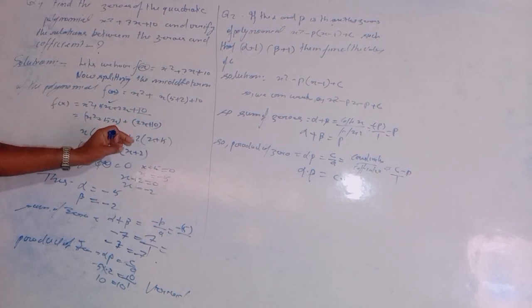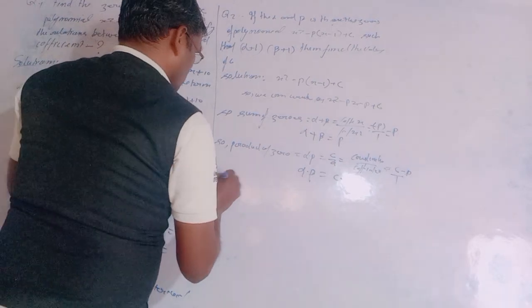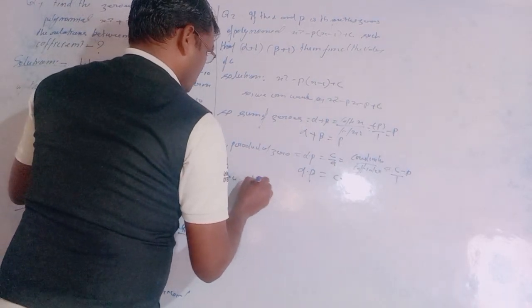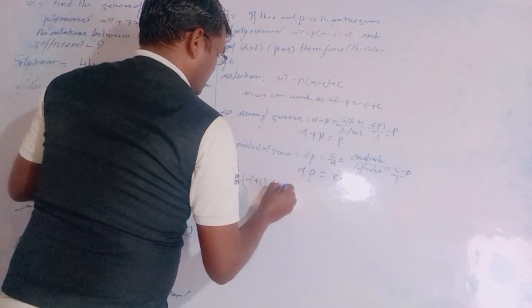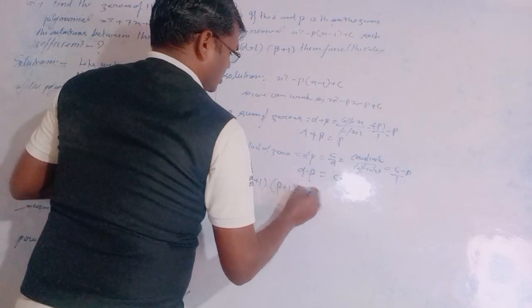So alpha plus 1 and beta plus 1 is given. It's given that the product of alpha plus 1 and beta plus 1 is equal to 0.